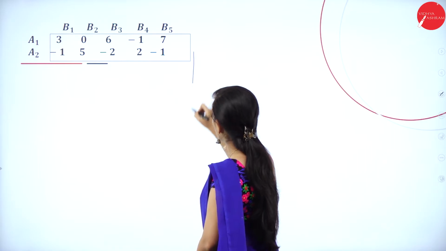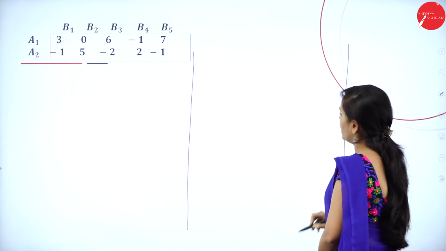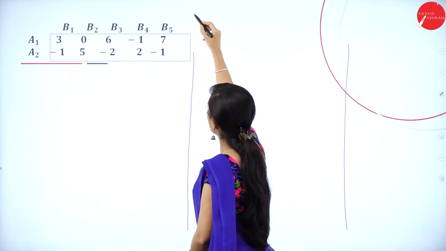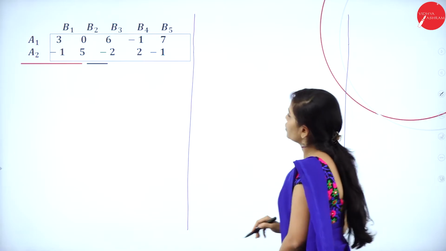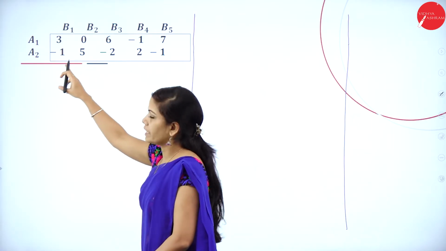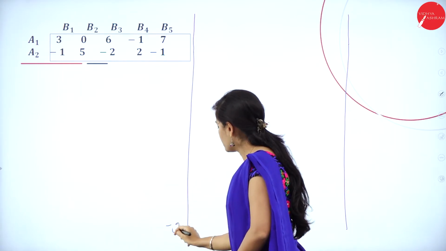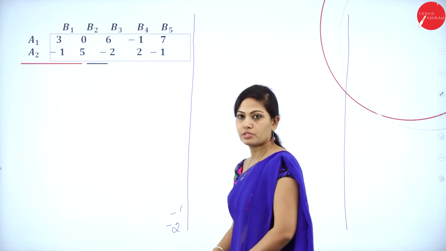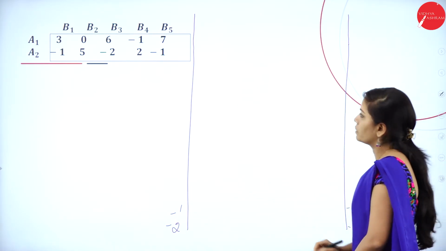So now I will draw two vertical lines. The first step is to draw two vertical lines. Here the minimum value is minus 2 and next is minus 1. So you will get minus 2 and minus 1, and here also minus 2 and minus 1.